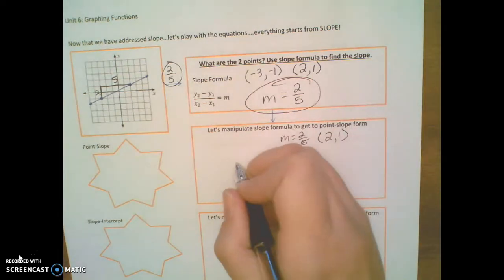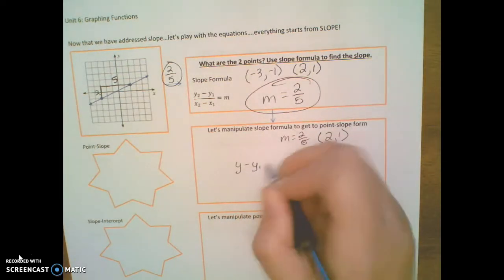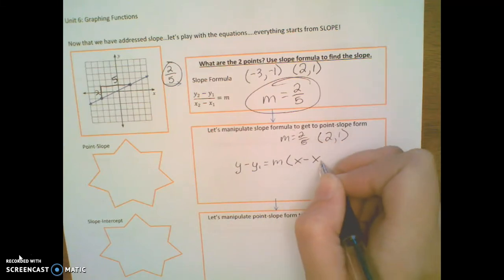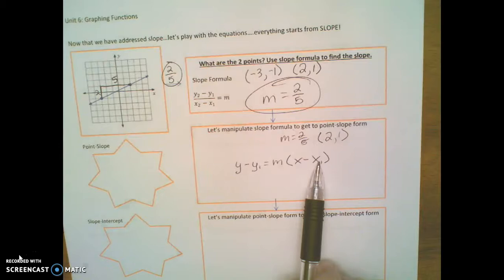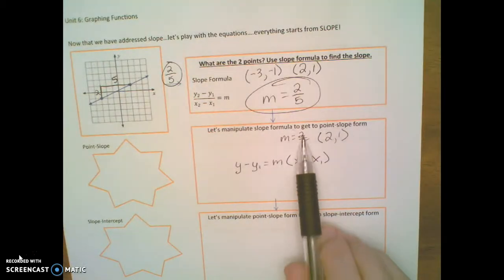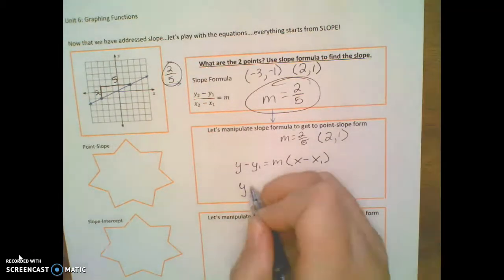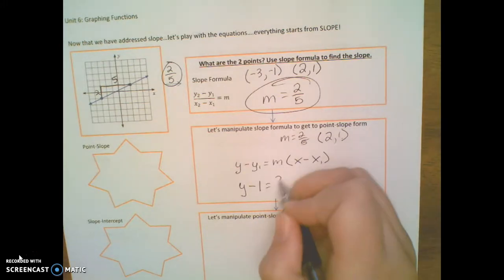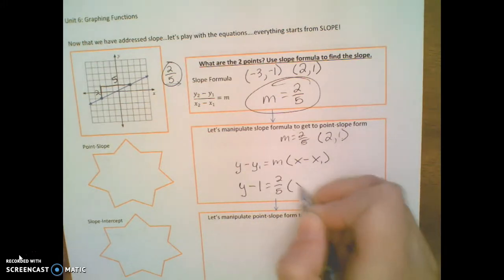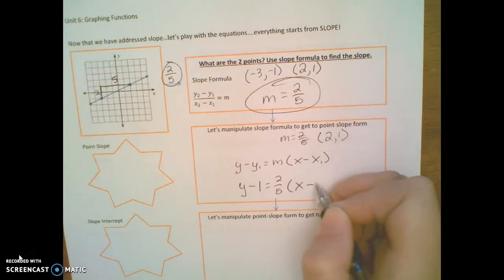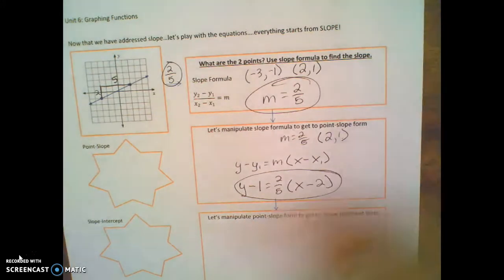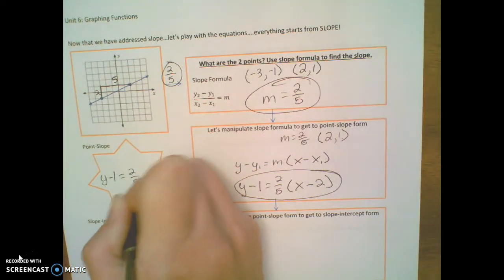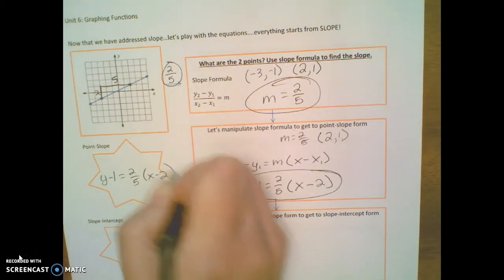Our formula for point slope is y minus y1 equals m times x minus x1, where x1, y1 is our point and m is our slope. So I just do y minus 1 equals, instead of m, I put in 2/5, times x minus 2. And that's it. So that's our answer for this one. I'll put it over here in the fun little star.